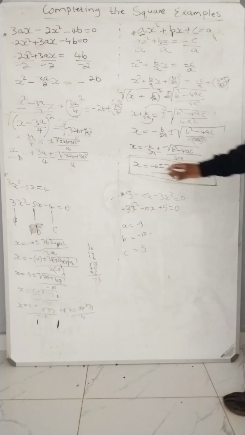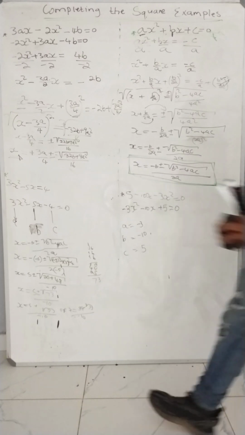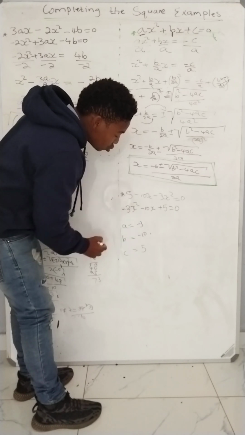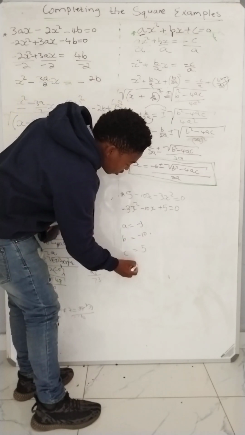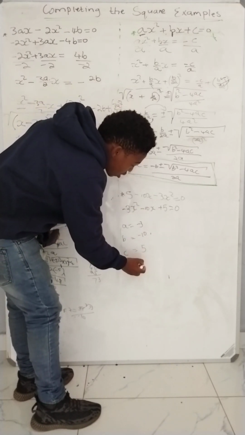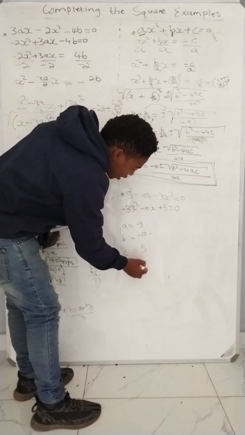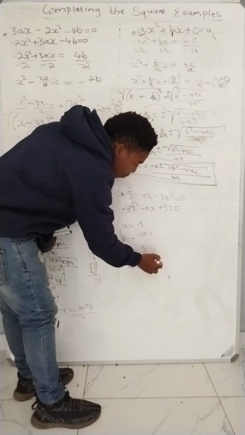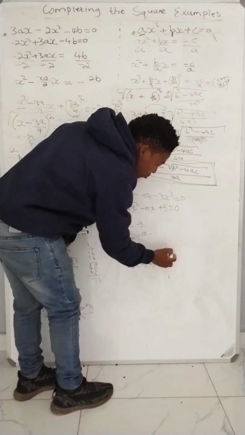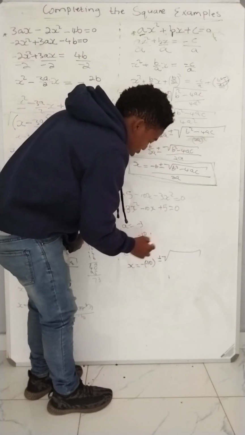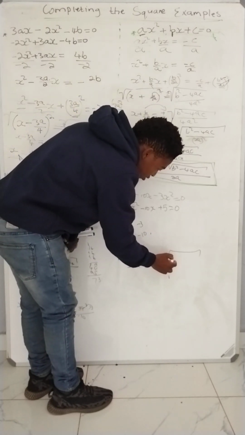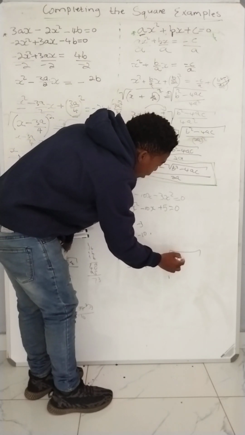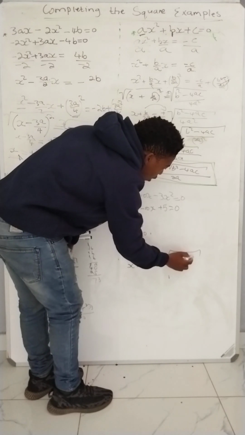Okay, and then we'll plug in our quadratic formula as it is, and then we'll substitute these values into the quadratic formula, which is x is equals to minus b. Our b is minus 10, so we'll have minus 10, and then plus or minus the square root of b squared. Our b is minus 10, so we're gonna square that, minus 4 into our a.